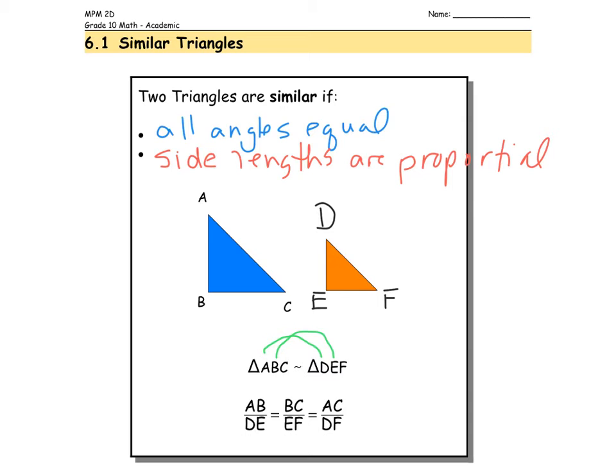But in some questions, notice that the corners are uppercase letters, but sometimes the side lengths are referred to by small lowercase letters. Because angle C is opposite this side, if I went to the opposite side of corner C, then that side, another way to refer to side length AB, would be side little c. I'm trying to emphasize that it's a lowercase letter.